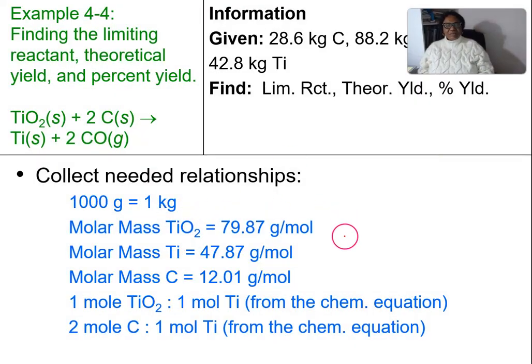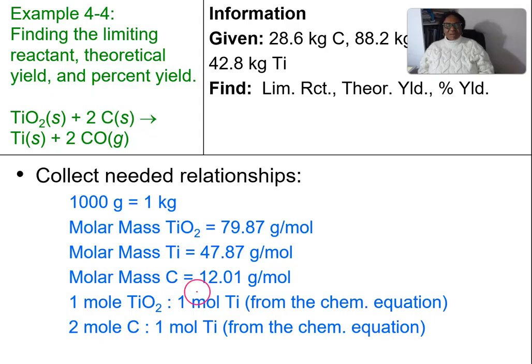So these are the relationships that we need as conversion factors. We know that 1,000 grams equals 1 kilogram. The molar mass of titanium 4 oxide is 79.87 grams per mole. The molar mass of titanium is 47.87 grams per mole.